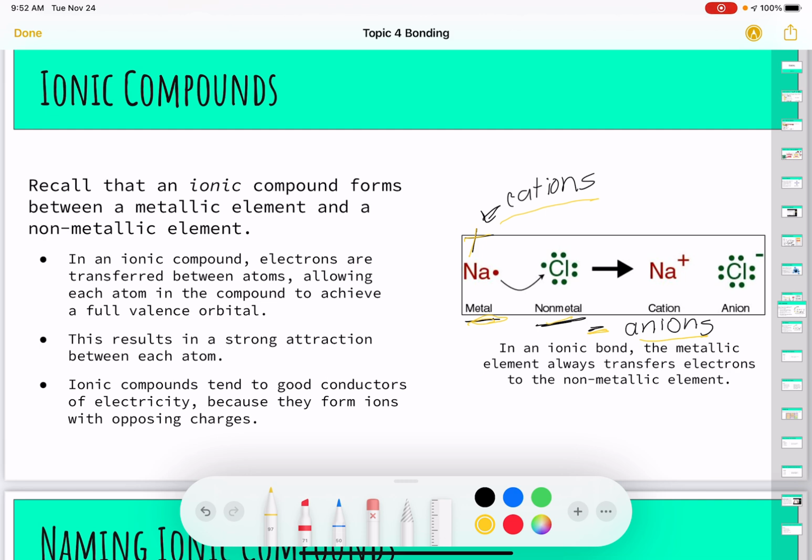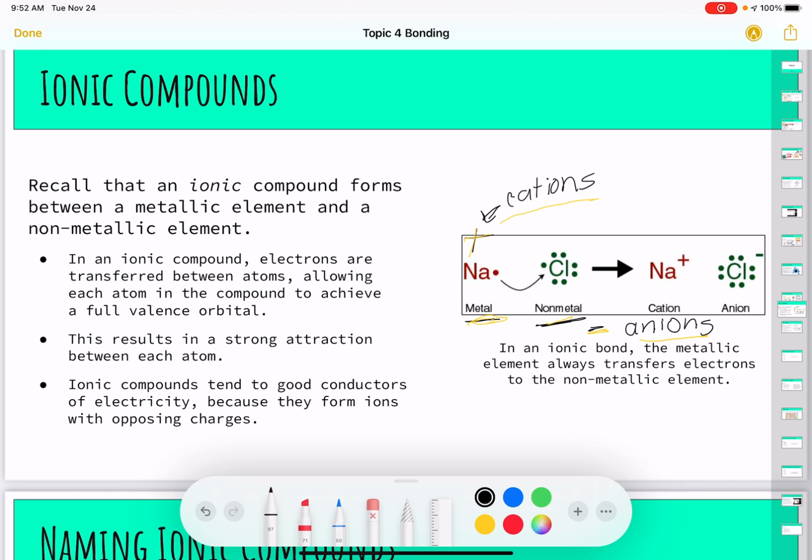Ionic compounds tend to be good conductors of electricity because they form ions with opposing charges. What we'll learn later on, possibly in Science 20 or 30, is that electricity is the transfer of electrons.